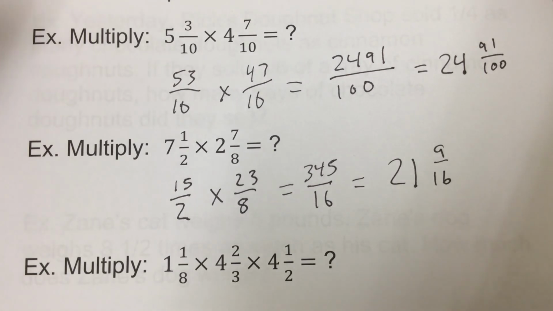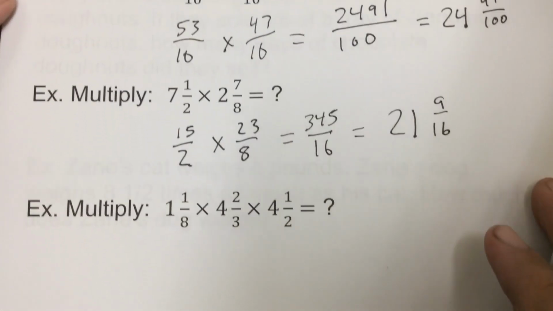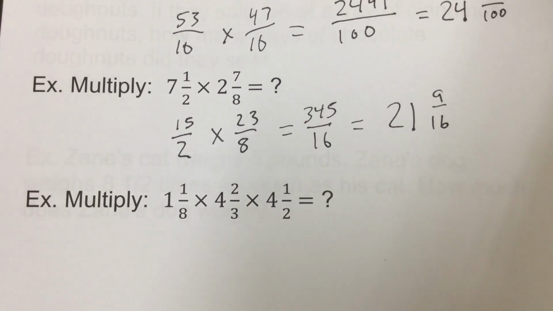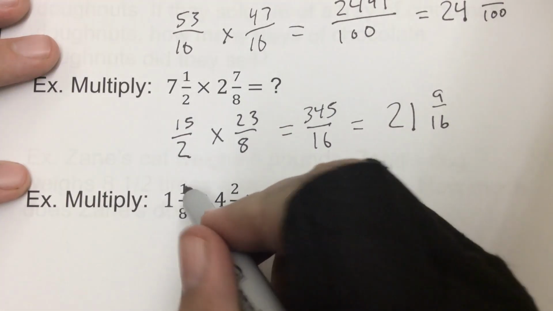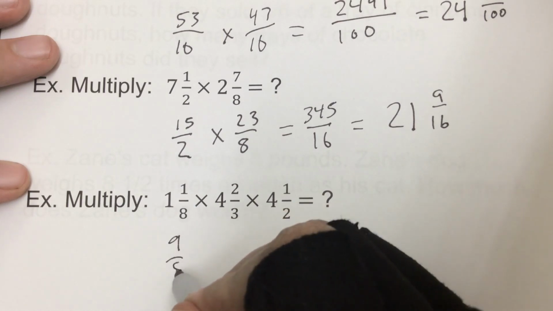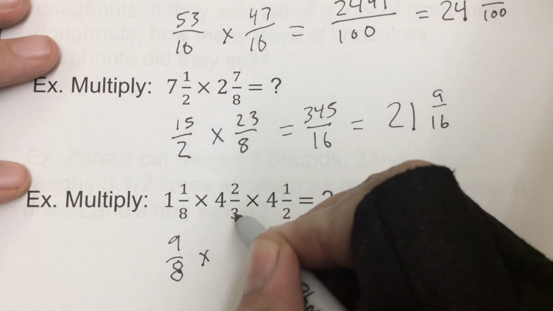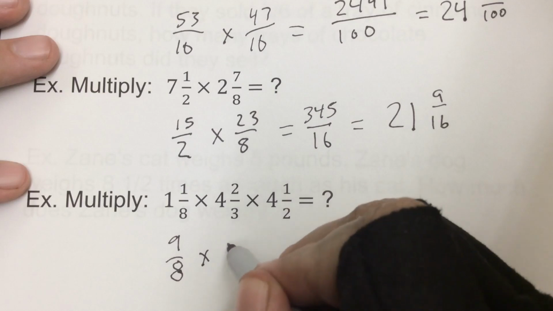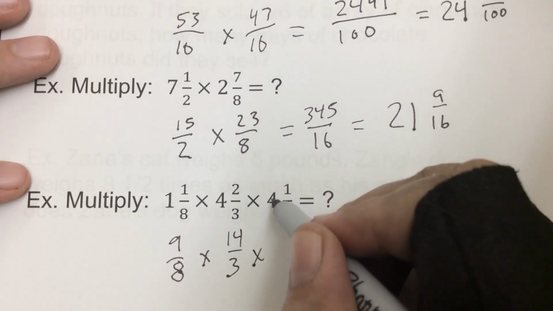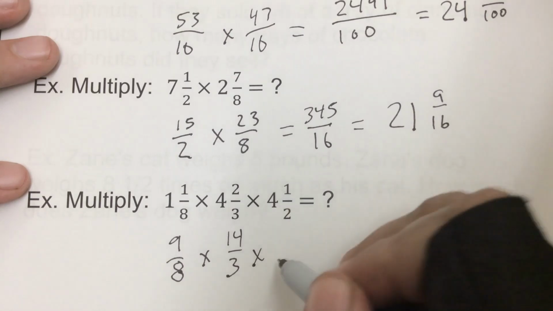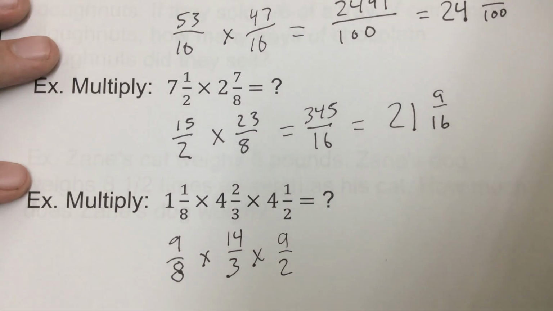So same thing when it comes to if we have multiple mixed numbers times each other, we're still making them improper fractions. Still going to times all the tops, then times all the bottoms. So 8 times 1 would be 8, plus 1 would be 9/8. 3 times 4 is 12, plus 2 is 14/3. 2 times 4 is 8, plus 1 would be 9/2.